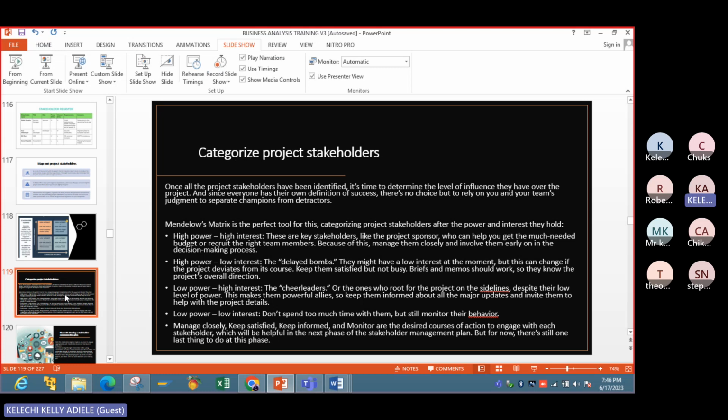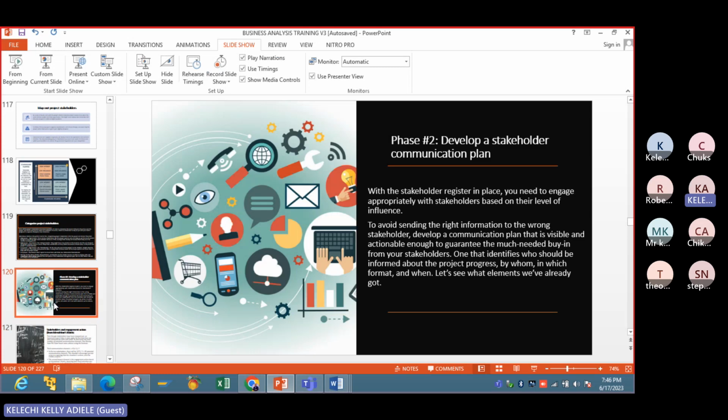So when you have identified the stakeholders, you have to do the mapping according to their level of influence and power. That is the job of the BA. After you have done the mapping, the next thing you're going to come up with is a stakeholder communication plan.